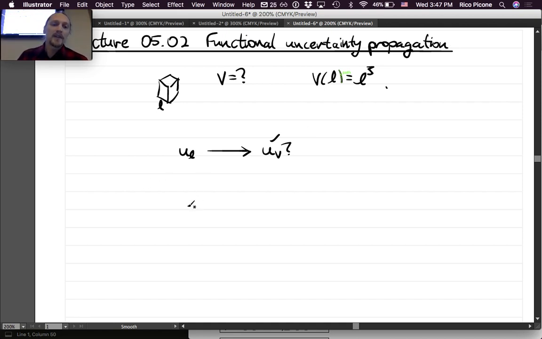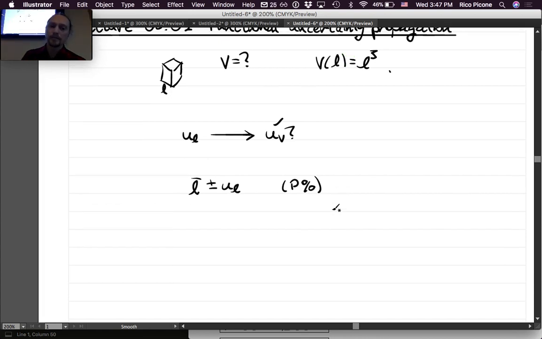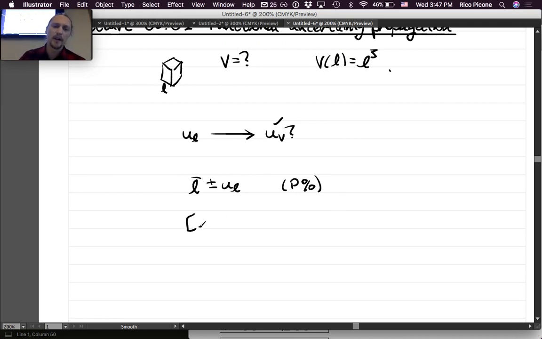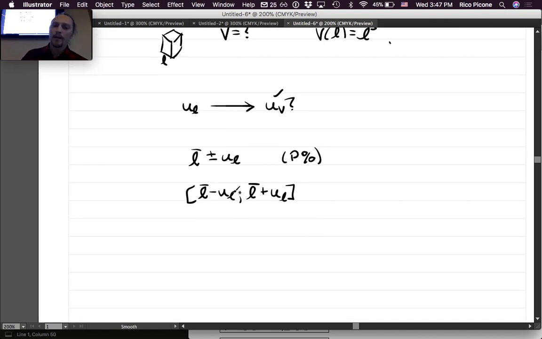Remember that the uncertainty is an estimate of, say, a mean value plus or minus this uncertainty value with some confidence. This defines an interval from L minus UL to L plus UL.